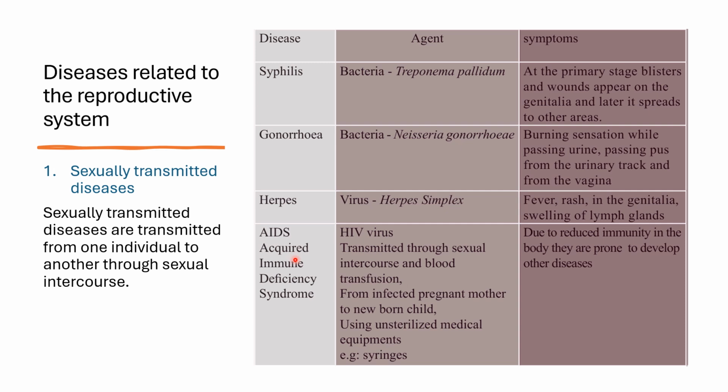And you can pause the video right here and go through the agents and symptoms of each of these diseases. So if you go through it, you can see that syphilis and gonorrhea are caused by bacteria, whereas herpes and AIDS are caused by two virus species. And each of these diseases has its own symptoms for identification.